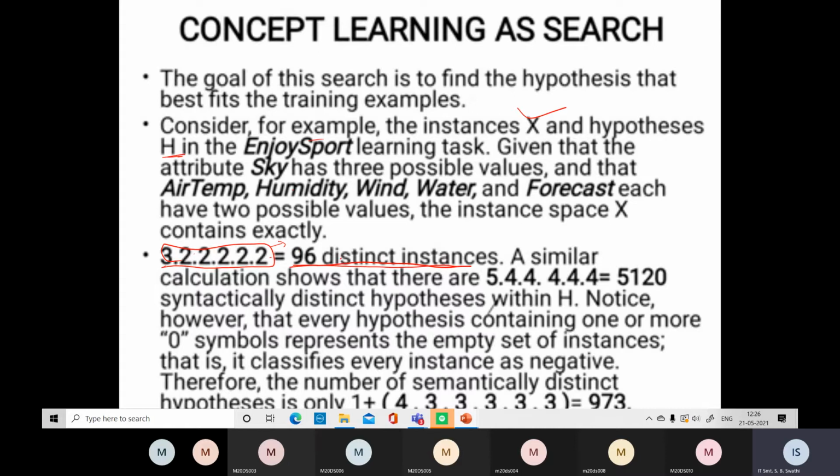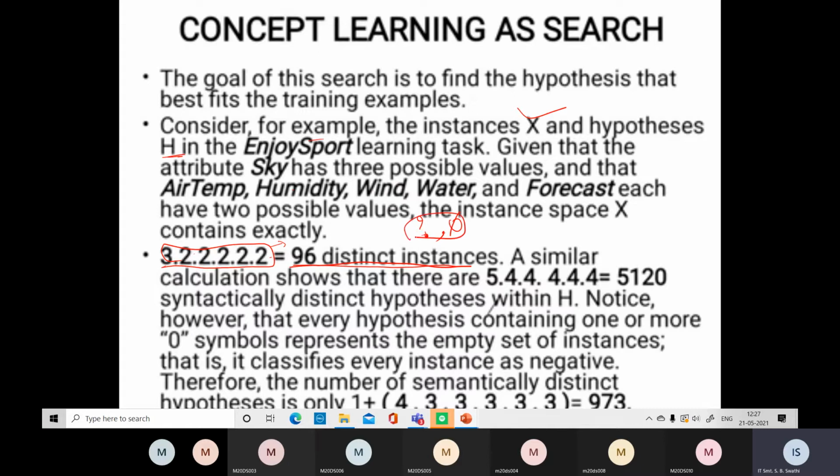Second, if you want to go for a generalized hypothesis, that is, if you want to go for all types of inputs, we have to consider even 2 additional values, that is, the question mark as well as null.